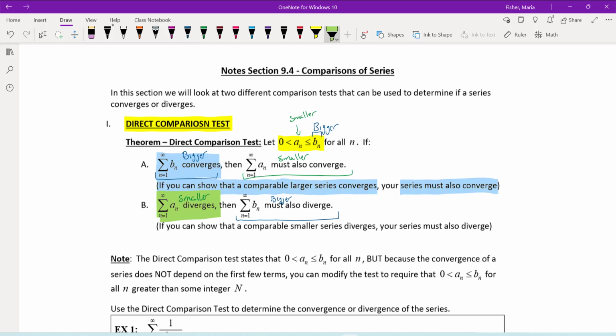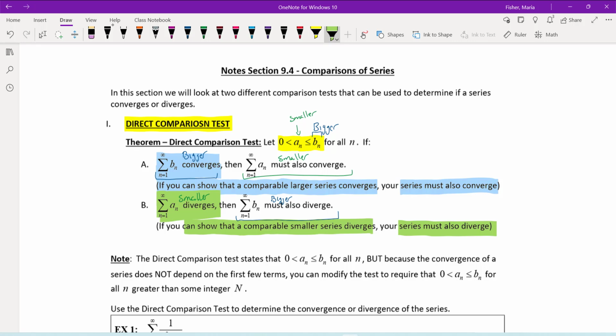What we're going to do is show that a comparable smaller series diverges, which means that our series will also diverge. So to use the direct comparison test, you look at your given series and decide what to compare it to, something that you know diverges or converges.